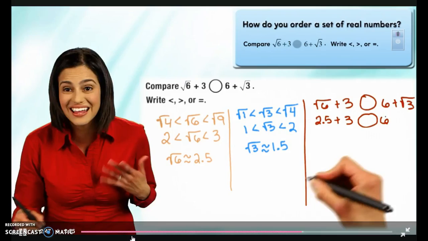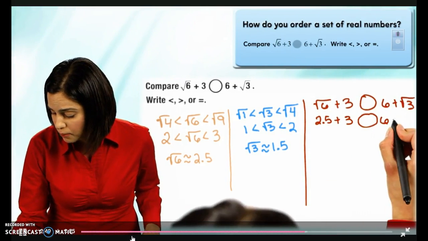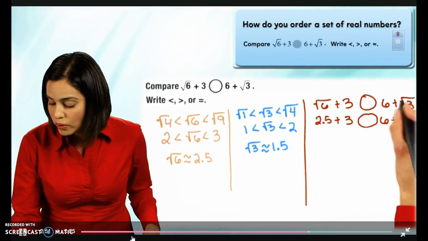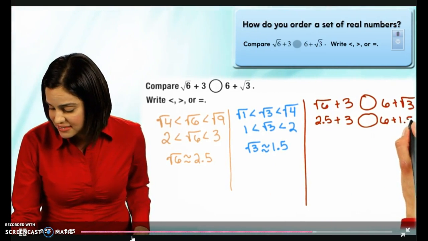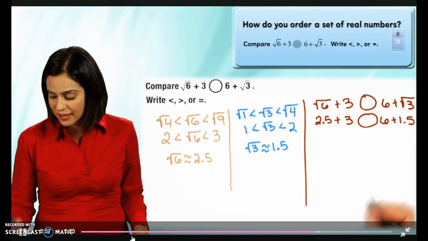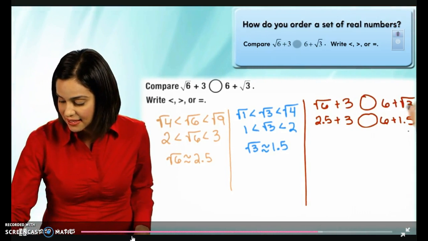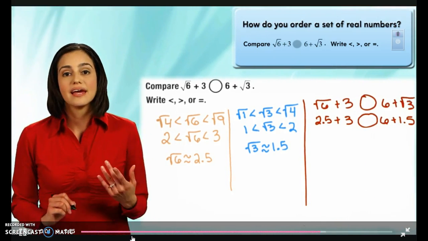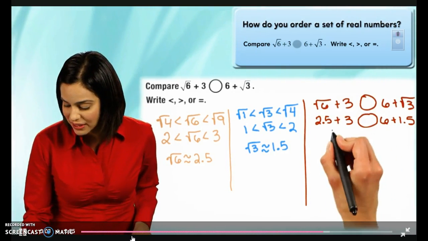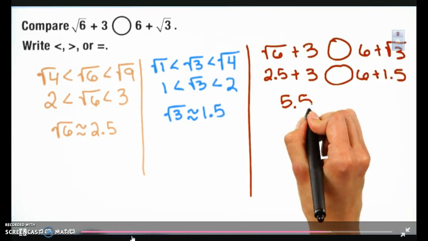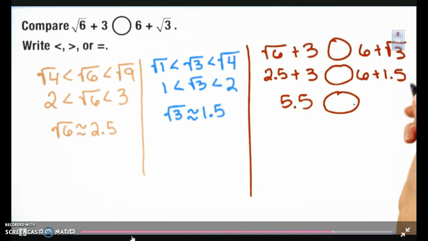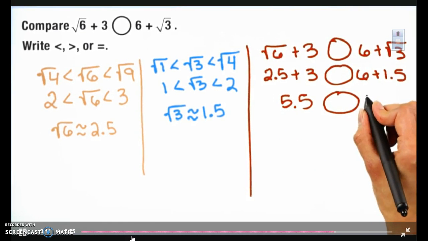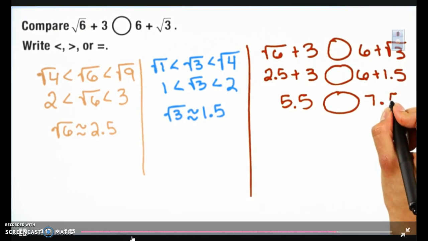Now I don't know if it's less than, greater than, or equal to. That's why I'm writing that circle. We also know that square root of 3 is approximately 1 and 5/10. So let's go ahead and write the 1 and 5/10 instead of the square root of 3. Now 2 and 5/10 plus 3, that's 5 and 5/10. And 6 plus 1 and 5/10, that's 7 and 5/10.